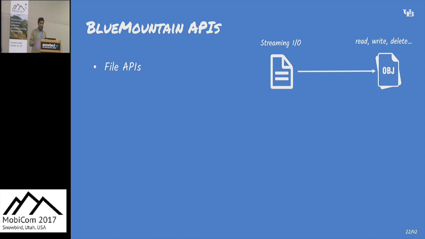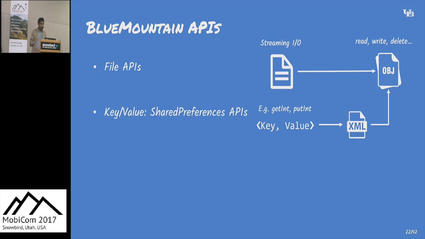For simplicity, to handle files, the BlueMountain APIs use object in place of streaming I/O. Key value store access is through the shared preferences API, which uses a backing XML file. So to handle the key value store, the BlueMountain API just treats it like a special file.